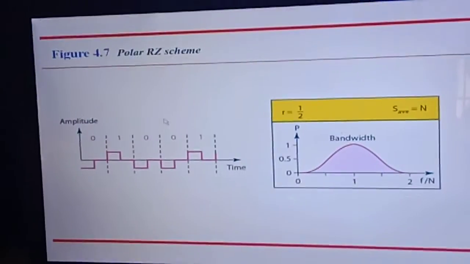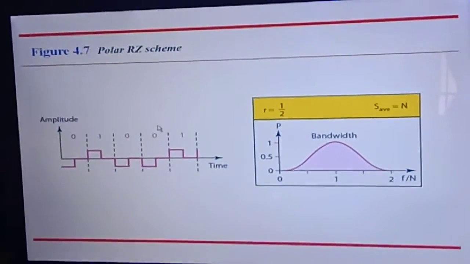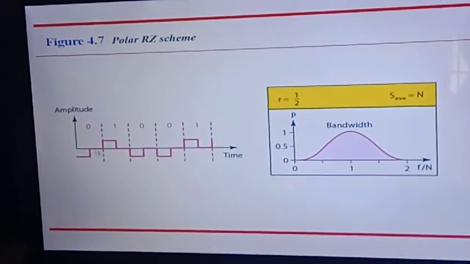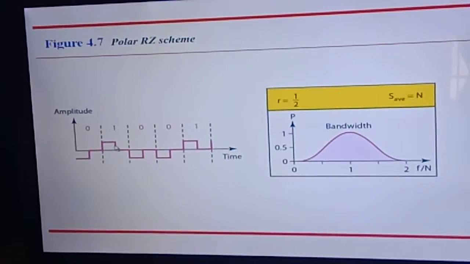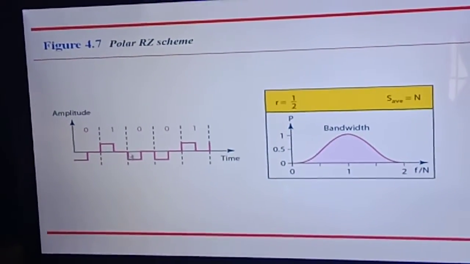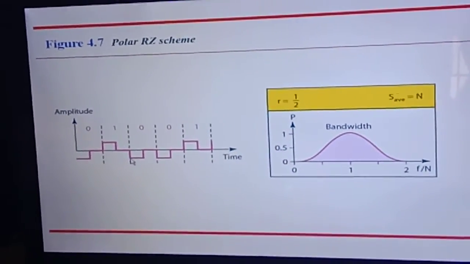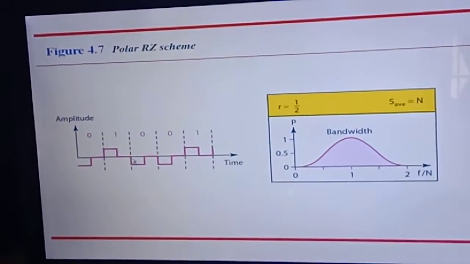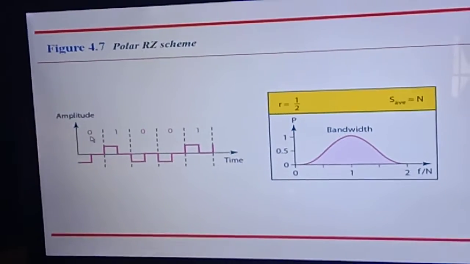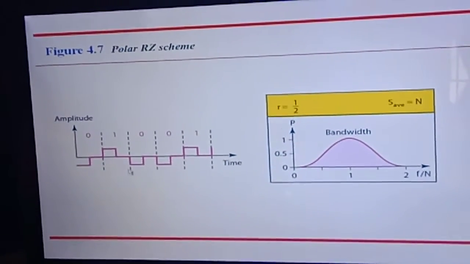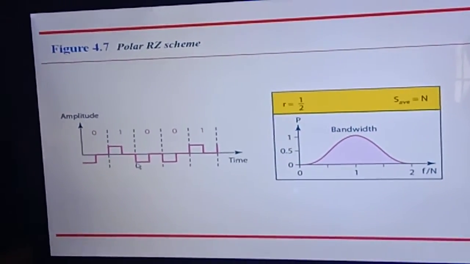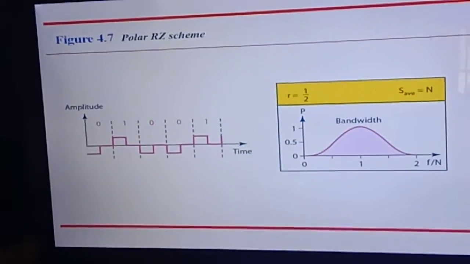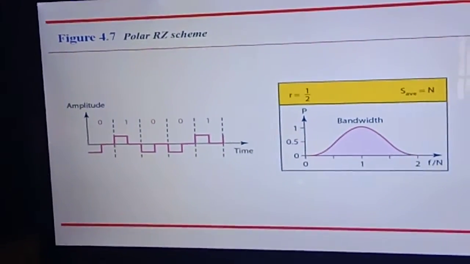So whenever there is a 0 bit or a 1 bit, you represent it in this manner. Here 0 is represented, then 1, then again a 0. For 1, it goes from positive to neutral and neutral to negative, so the signal is in negative. Then 0 has to be represented here, when the next bit is 1.